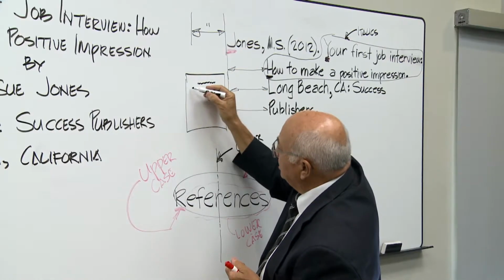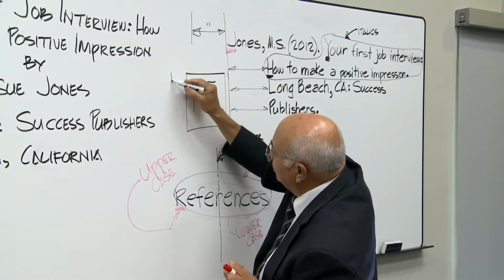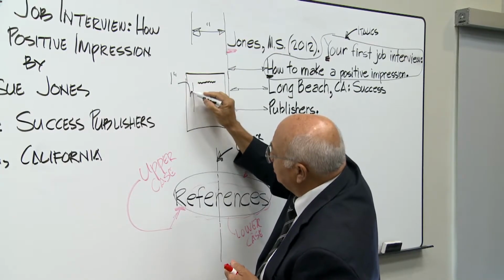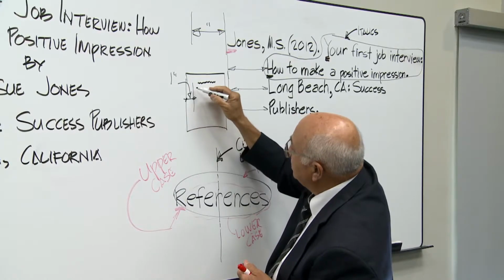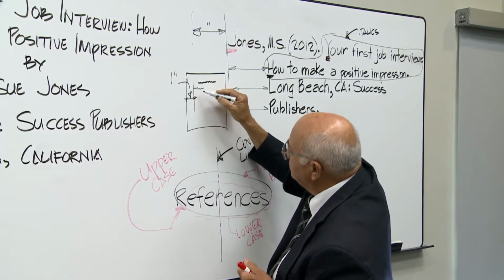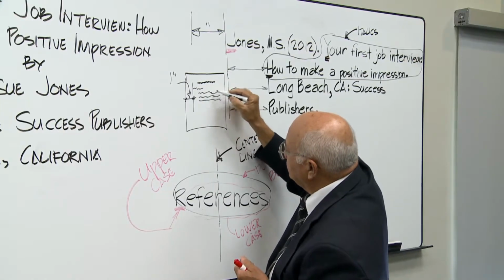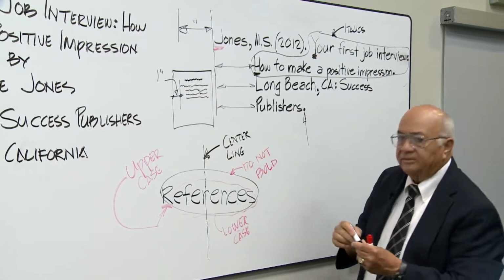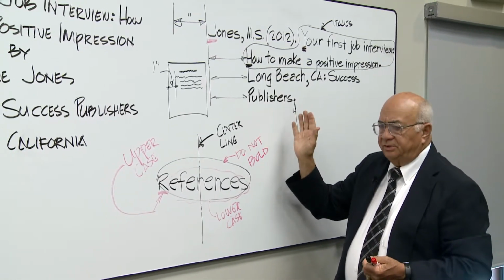So you'd come in here, this would be your 1-inch margin right in there. Okay, and you'd start Jones right there, second line, third line, like that. It would look like that. Okay? All right, I hope this makes sense to you.